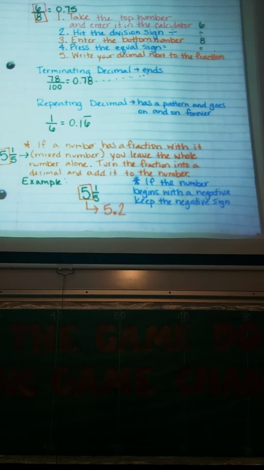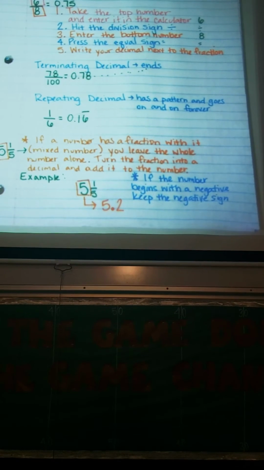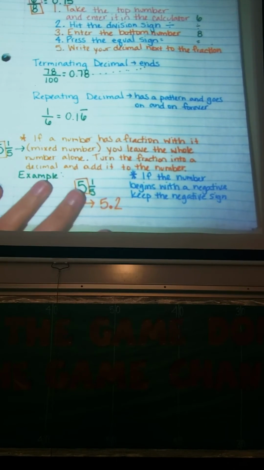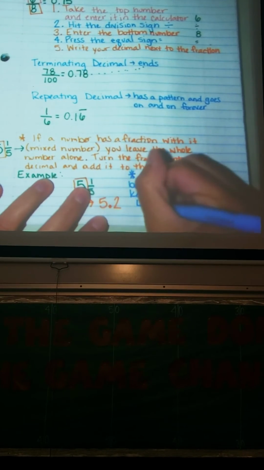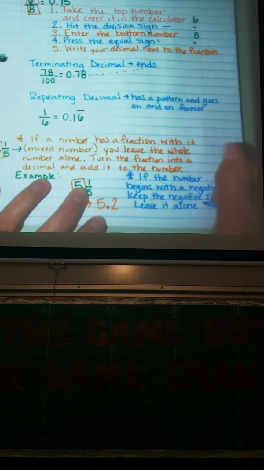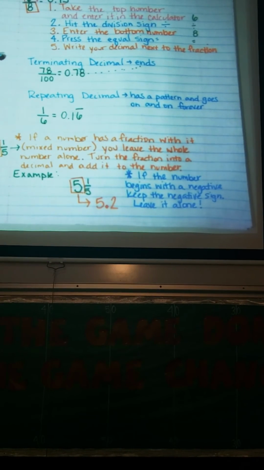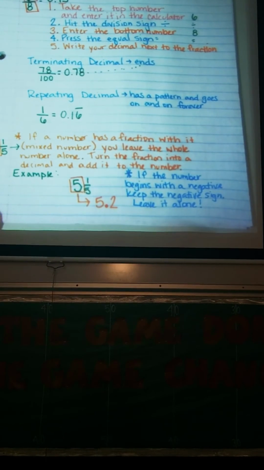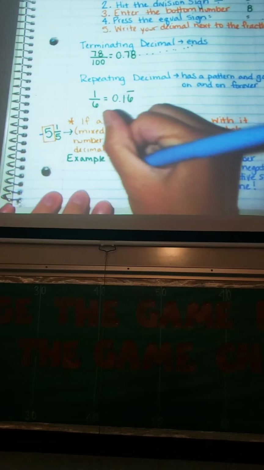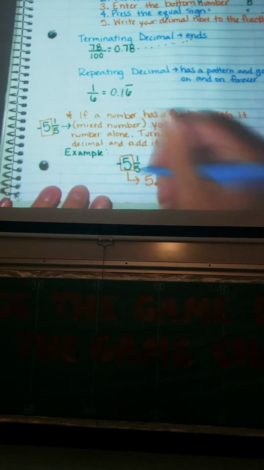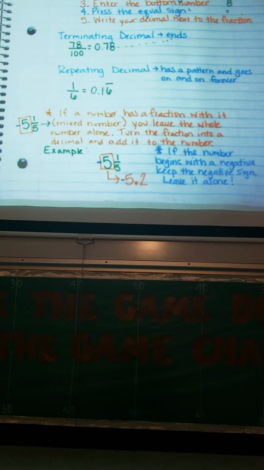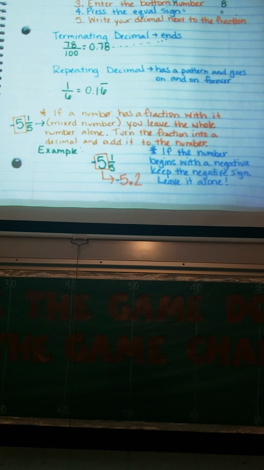And you'll move it down whenever you convert your fraction. You'll just move it down to in front of the decimal. So you just leave it alone. Doesn't want you bothering it. It's very negative, doesn't have anything positive to say. So if my example was a negative 5 1/5, I would just add it down here to my new number. That's all you have to do. You just leave it alone.